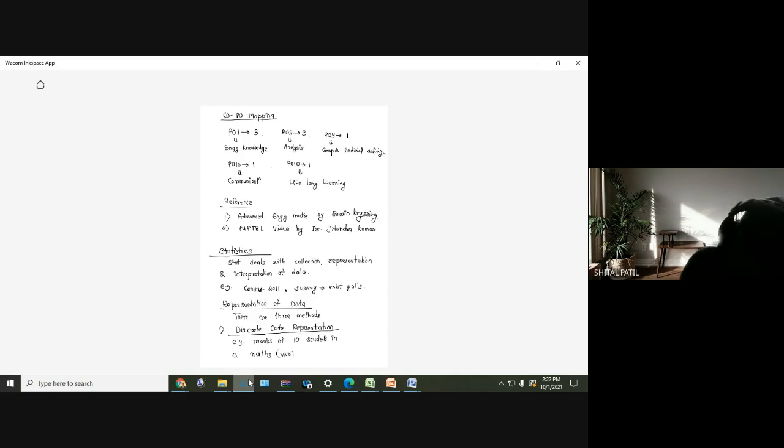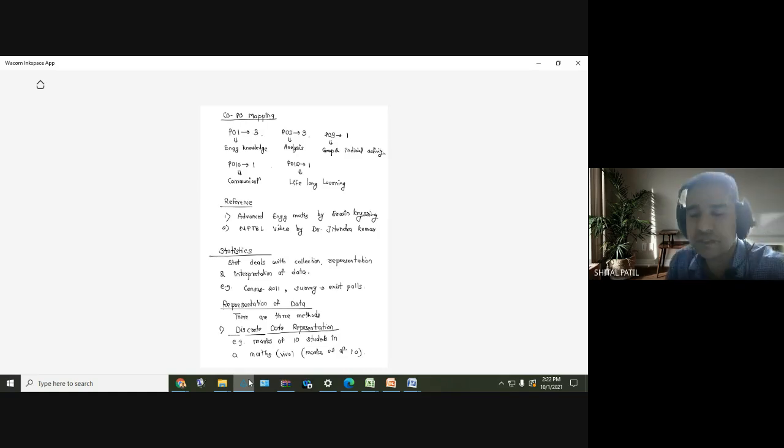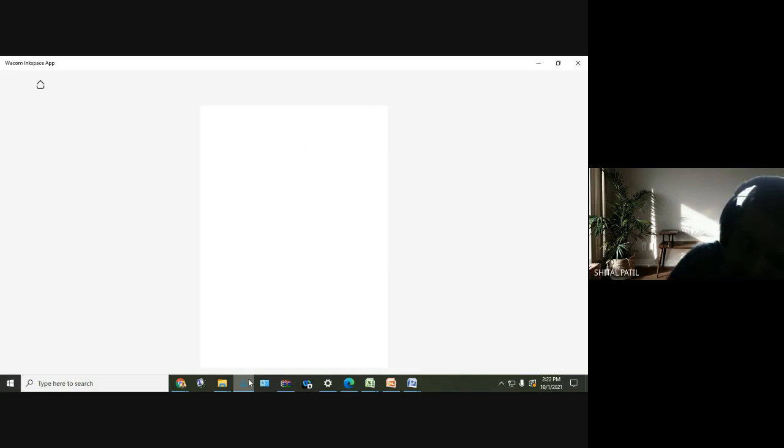Okay, so marks out of say 10. So on the next page I'll write the marks. Let me change the page. So see, understand? So they are written like this.